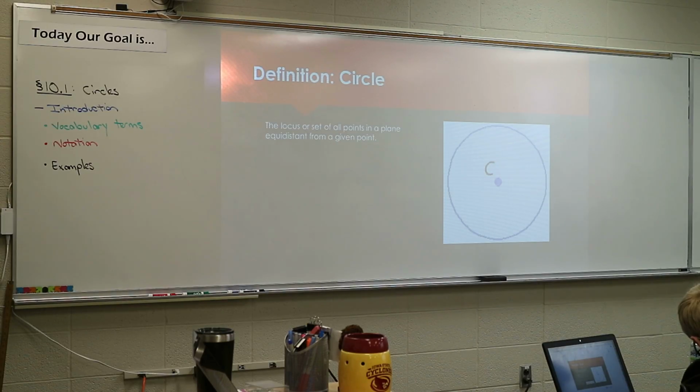Now, one of the words that I put on the slide here that you can see in your Nearpod is locus. I define what the word locus is. We've actually seen this word since day one, we just never talked about the word itself. A locus is that particular position in space. So if you think back to August 22nd, the very first day of class, we talked about the word point.